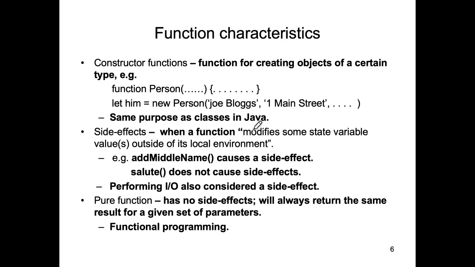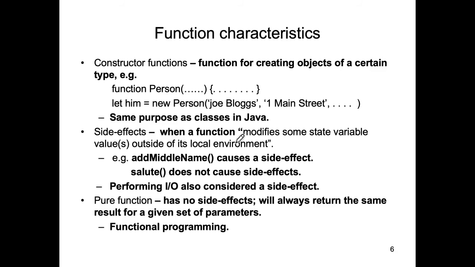And that's what I'm saying in this pseudo definition here. It's when you modify some state, being variables, outside its local environment, being the scope of the piece of software, whether it be a function or a method of a class or whatever.